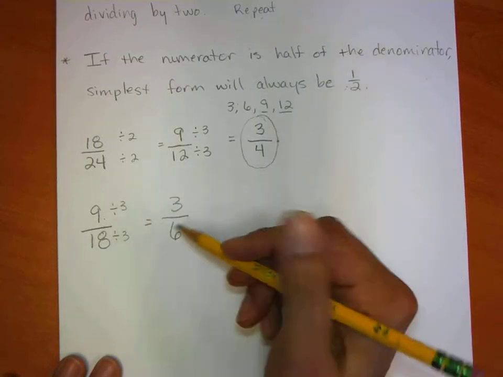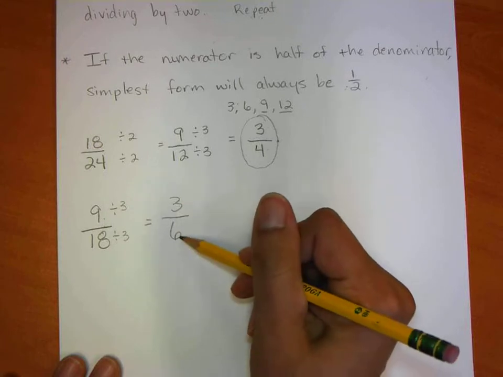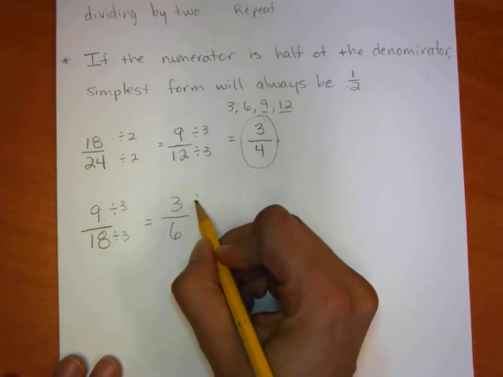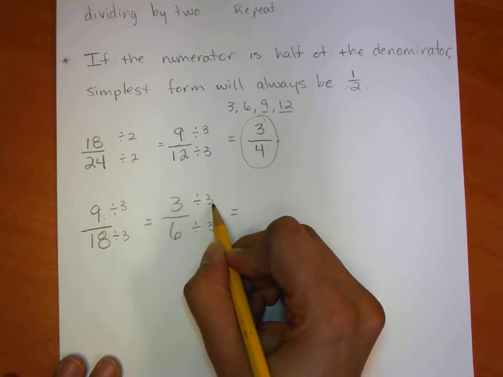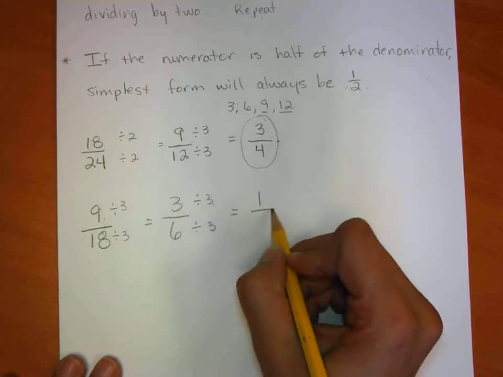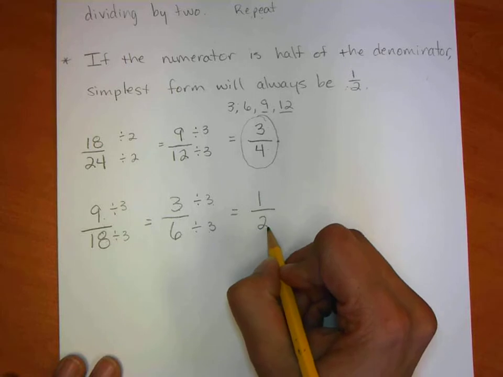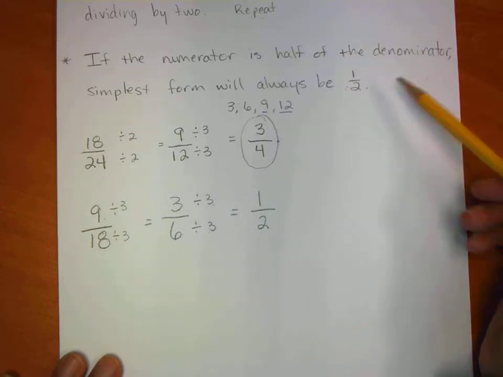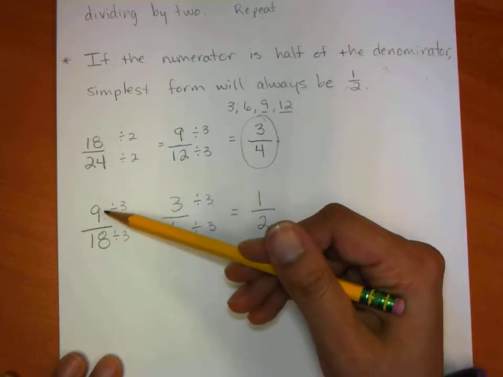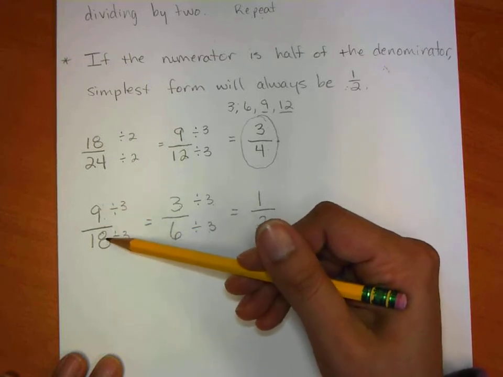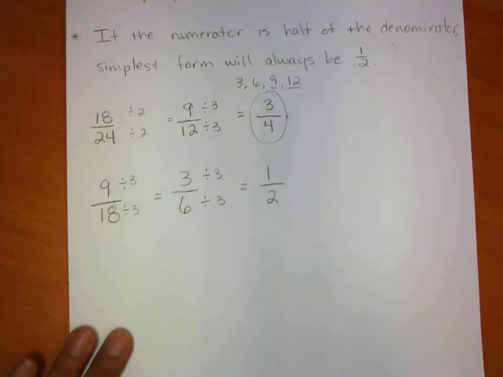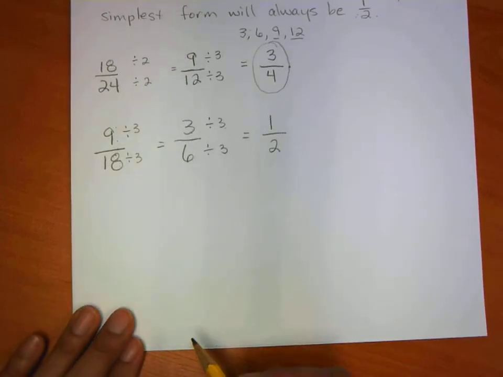And again, I see that the numerator is half of the denominator. I'll divide by 3 on the top and the bottom again. A number divided by itself is always 1, and 6 divided by 3 is 2. So I could have followed this first rule and gone straight to 1/2 because 9 is half of 18. Let's look at a few others.